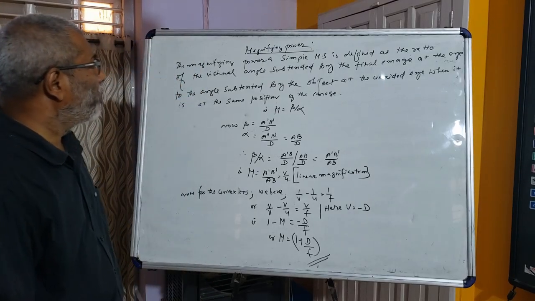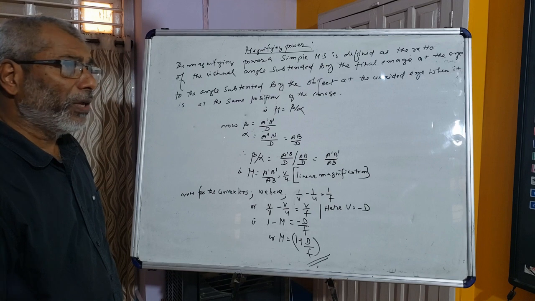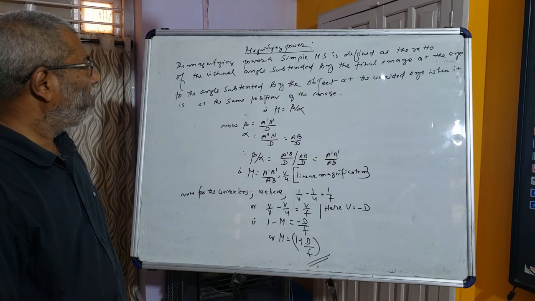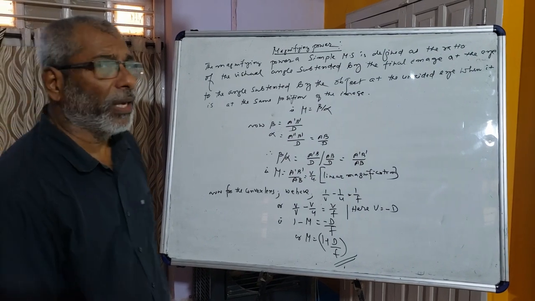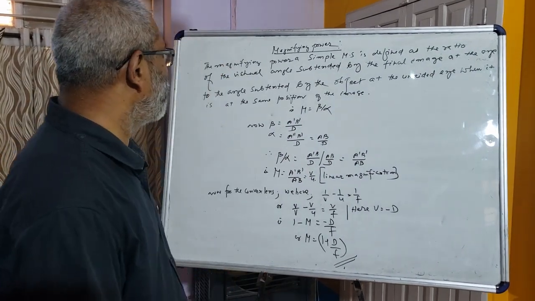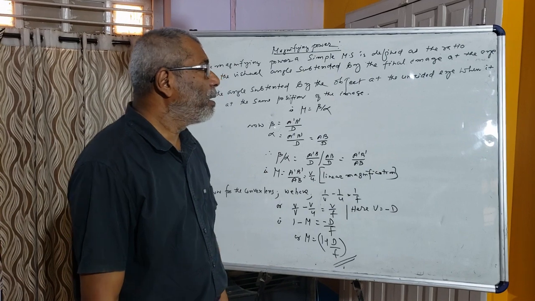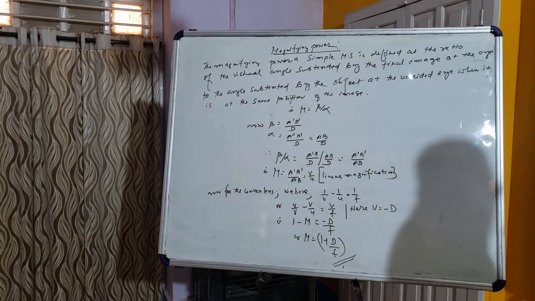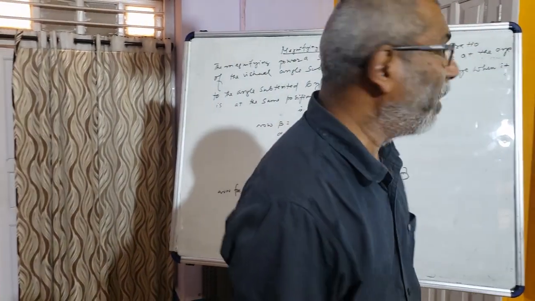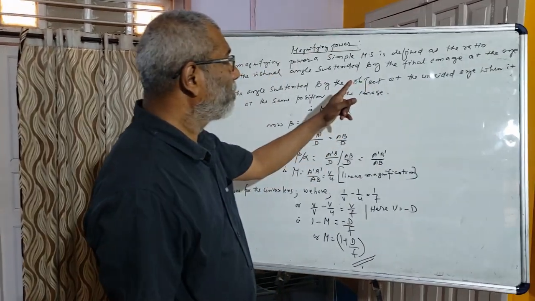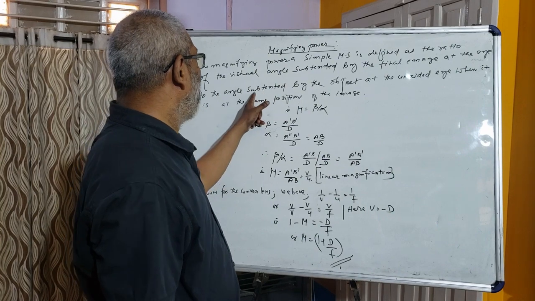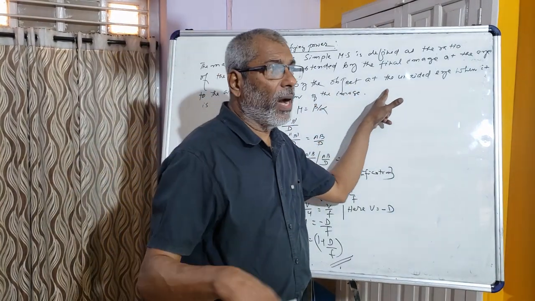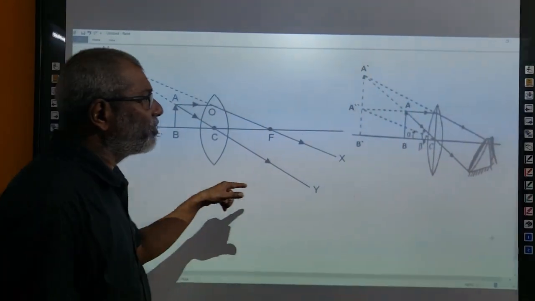Now we are going to explain the magnifying power, and derive an expression for it. Once again, the magnifying power of a simple microscope is defined as the ratio of the visual angle subtended by the final image at the eye, that is beta shown here, to the angle subtended by the object at the unaided eye, as is shown here.